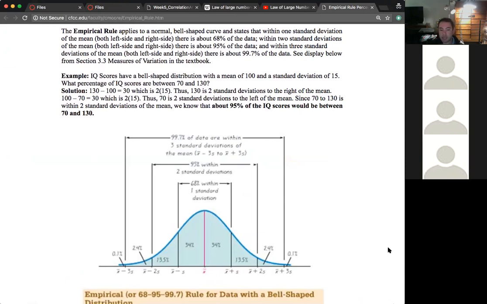If you're not dealing with symmetric or normal data, we would then have to use some other methods in order to deal with that data. But typically, we're most often dealing with normal data or data that we can assume normality with.